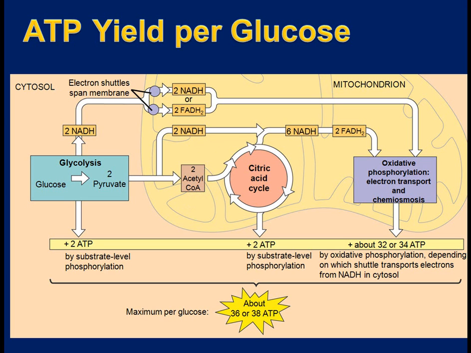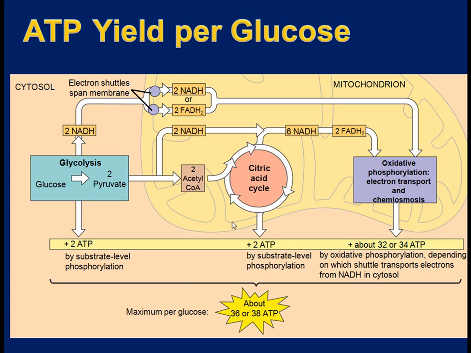The citric acid cycle produces 6 NADHs and 2 FADH2s, and 2 ATPs via substrate level phosphorylation. All of the NADHs and FADH2s are carried to the electron transport chain to go through oxidative phosphorylation.